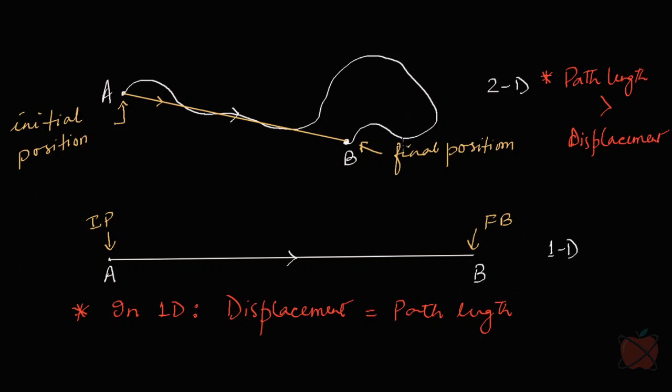But in one dimension, that means in a straight line, they are equal between A and B. That is one thing that you have to be very clear about. Let us continue further.